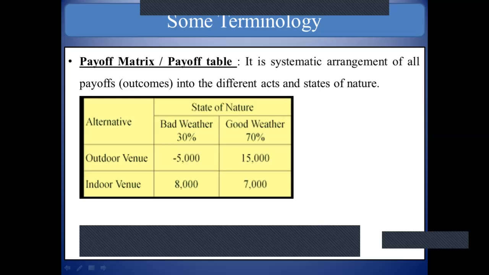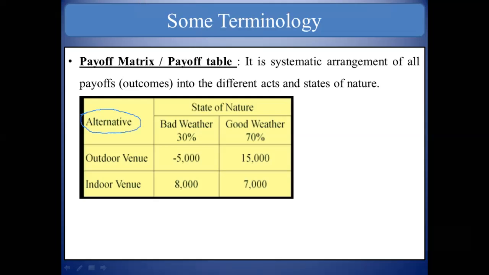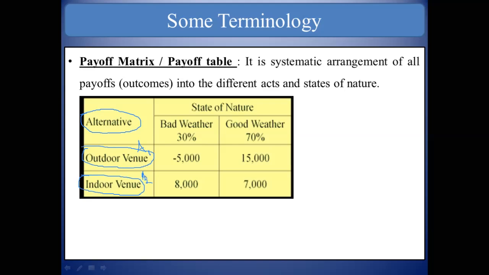Let us understand this concept practically. Here in the first column, we have two different options, outdoor venue and indoor venue. So we can say that this is my first act and this is my second act.